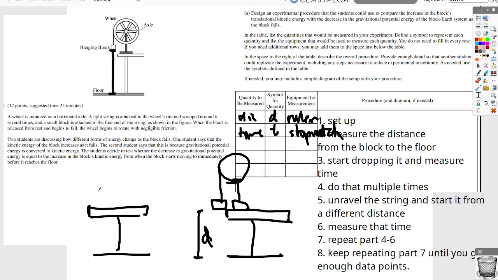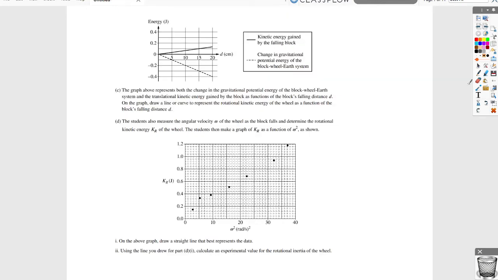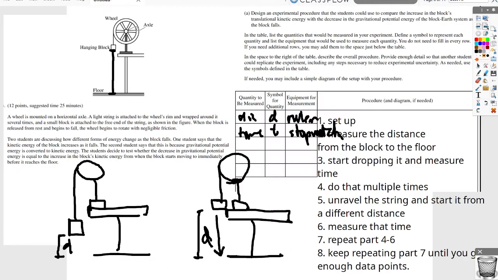You'll measure the time and the distance, and then maybe do it a little bit lower, measure this distance, drop it, and measure the time. I'm pretty sure the acceleration is constant. So let's go to the next one.